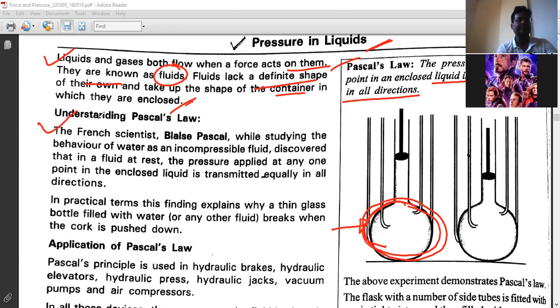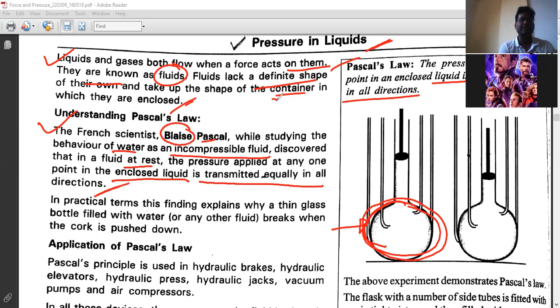Next point is understanding Pascal's law. The French scientist Blaise Pascal, while studying the behavior of water as an incompressible liquid, the liquid which is not compressed, discovered that in a fluid at rest, the pressure applied at any point in the enclosed liquid is transmitted equally in all directions, right?